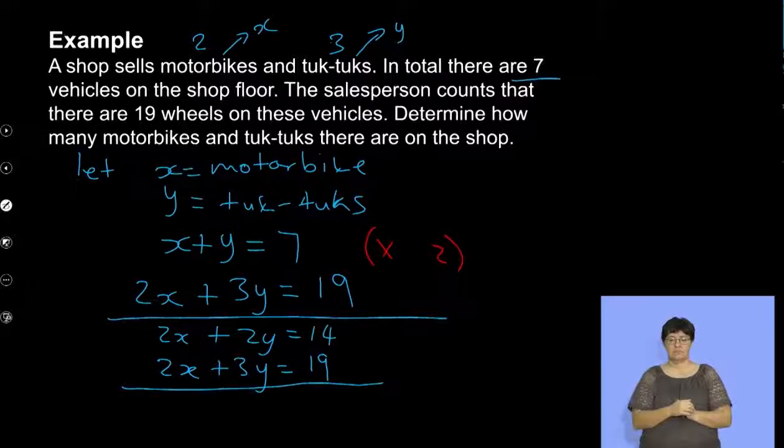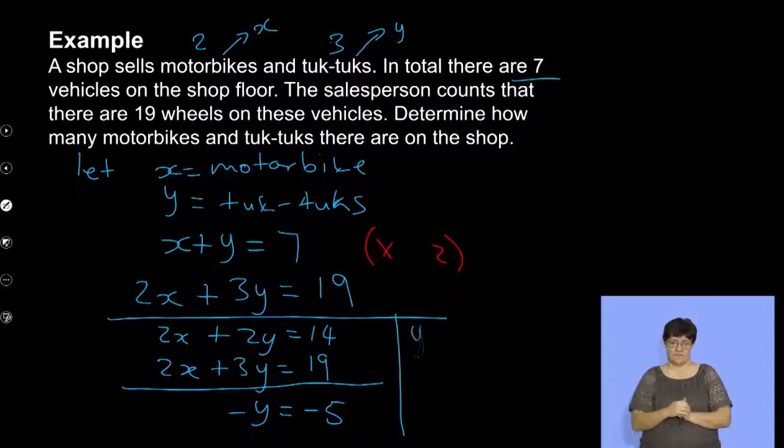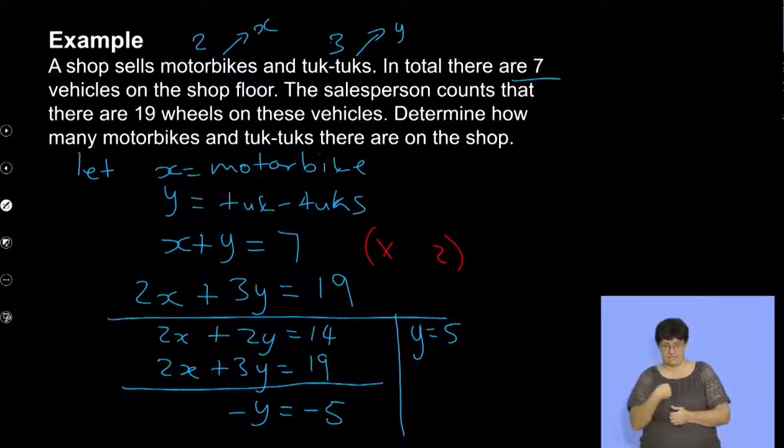Then I'm going to use subtraction here. The first equation minus the second equation, so that will give me 2x minus 2x is 0. 2y minus 3y will give me negative y, equals 14 minus 19, which gives me negative 5, and then it means that y equals 5. What does this mean? It means that I have 5 tuk-tuks, right? So for tuk-tuks, I have 15 wheels.